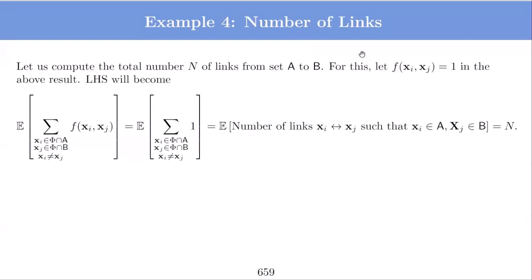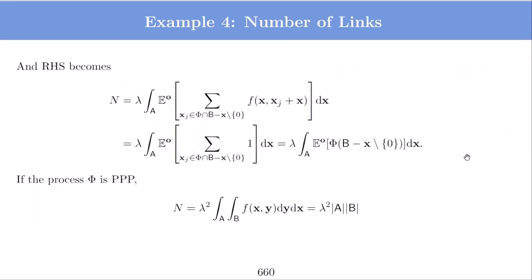Suppose I want to compute the number of links. In that case, I can just take the function f(xi, xj) equal to 1. If I compute this, I'll get 1 for each link, so I'll get the total number of links. So this is the expectation of the number of links such that xi is in A and xj is in B, which we want to compute.